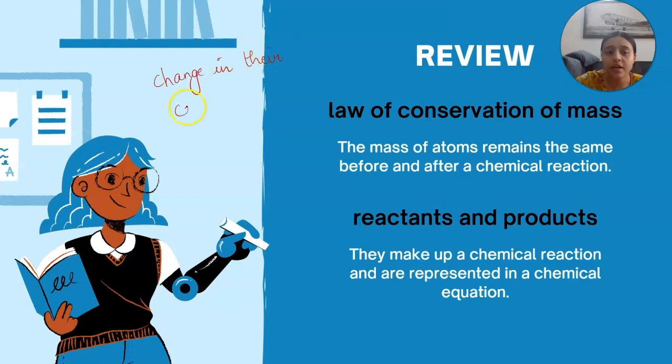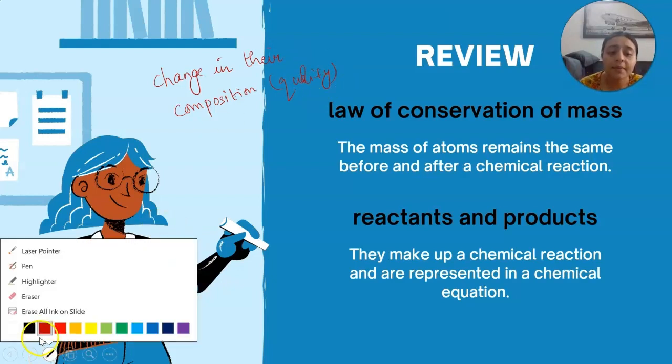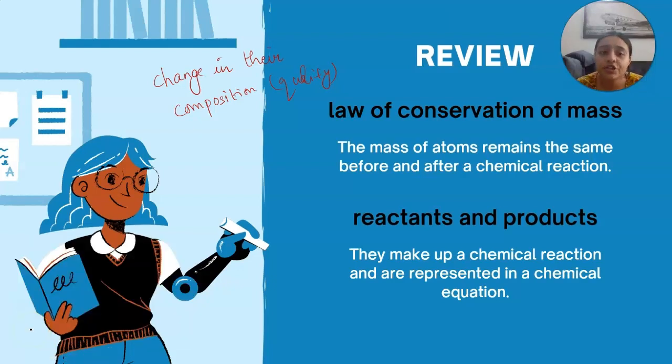The elements present on the reactant side are changed. For example, if we react sodium with chlorine, we get sodium chloride.